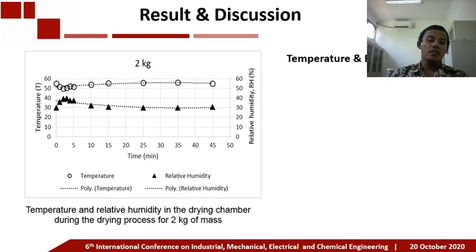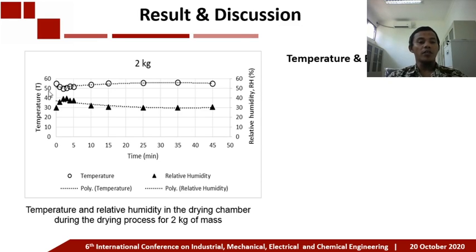And this is the temperature and relative humidity in the drying chamber during the drying process for 2 kilograms of unhulled rice. I think in this graph the 2 kilogram capacity has the same drying characteristics as the 1 kilogram capacity for temperature and relative humidity.